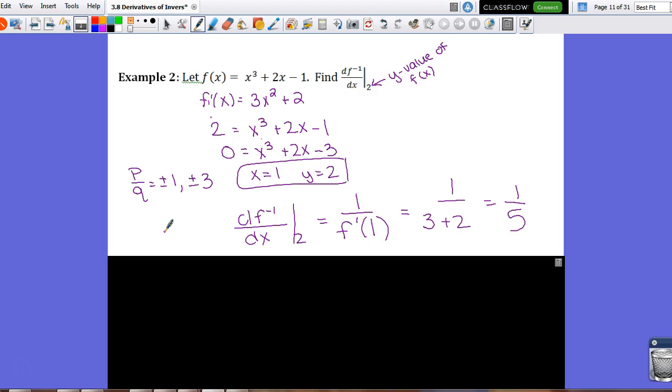If you could do that, that's what you could do. Right, but algebraically that doesn't work. Corey, can you do that? No. So you would have to do x equals y cubed plus 2y minus 1.